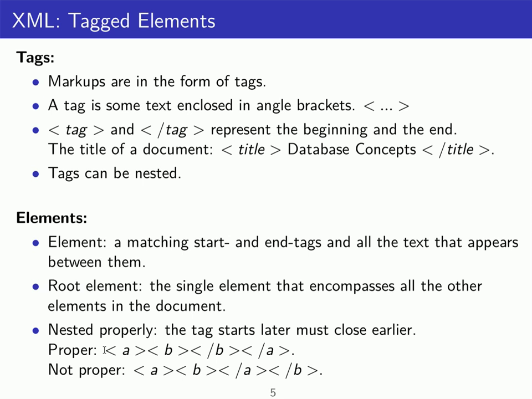The general rule is that the tag that starts later must be closed earlier. For example, here A, B, /B, /A is correct because B comes later and is closed earlier. Whereas A, B, /A, /B is not proper.